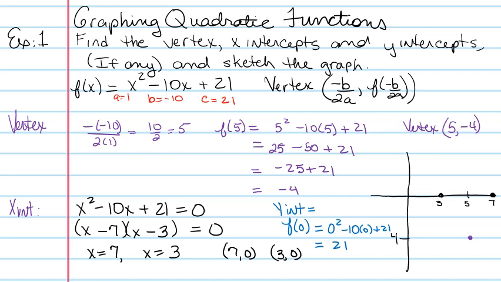So that's the point: x is 0, y is 21. And so that's going to be way up here in the top of my graph. And so here we have my parabola, connect my dots, make my U, and off we go.